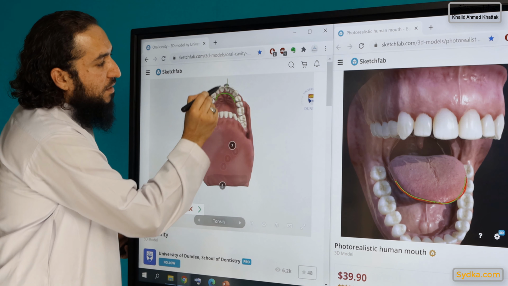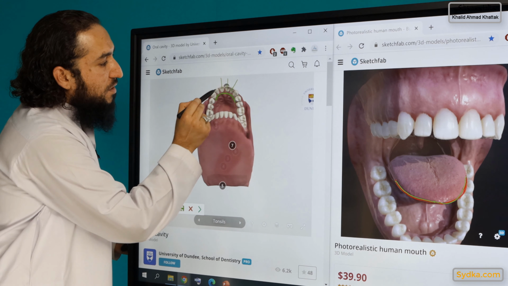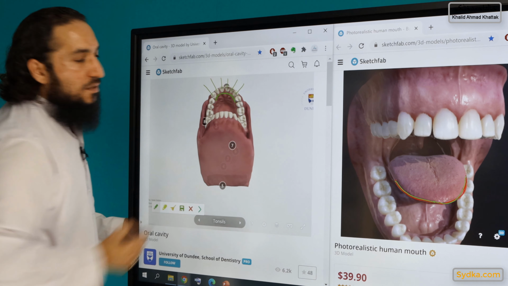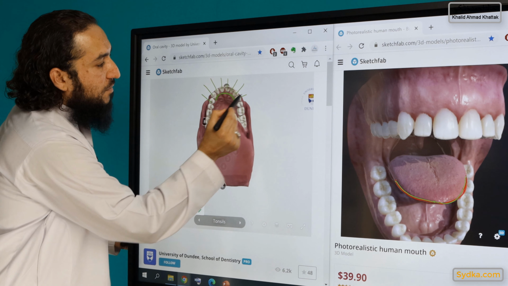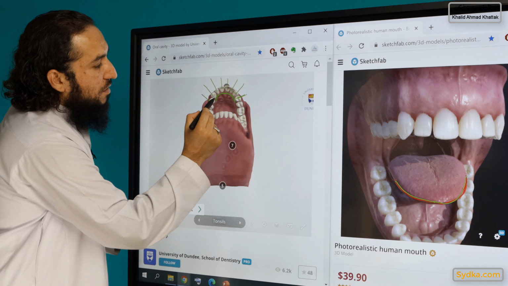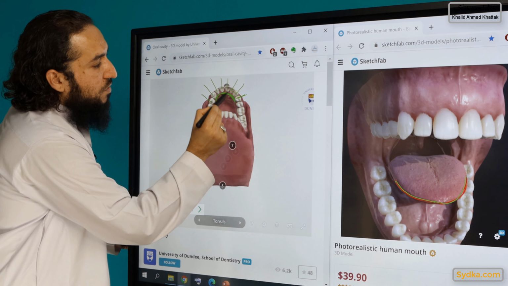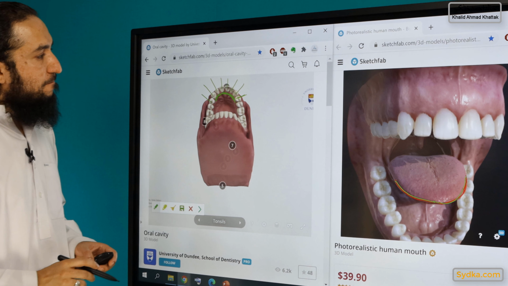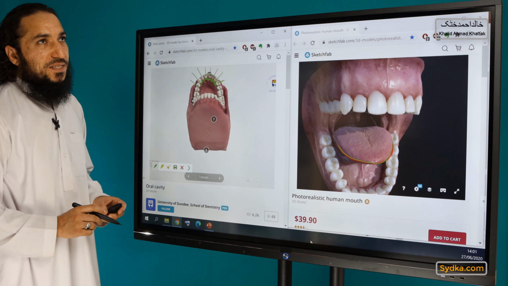This is the incisors, the top incisors. These are the lateral incisors, these are the canines, and these are the premolars. So the front tip of the tongue is going to touch the gum lines of these teeth. That's the articulation point for lam, or the sound L.